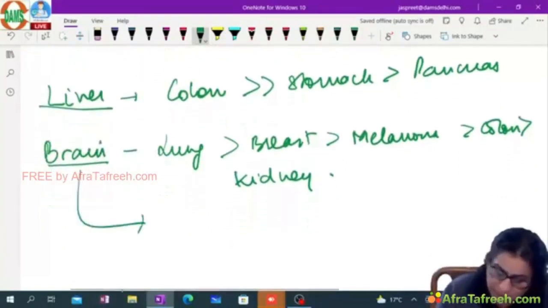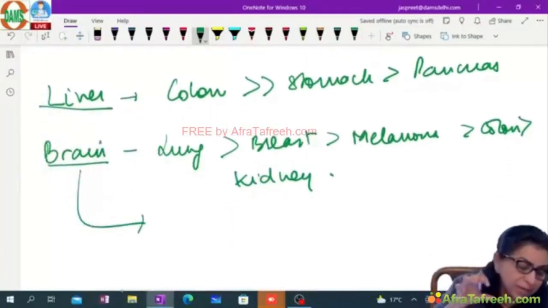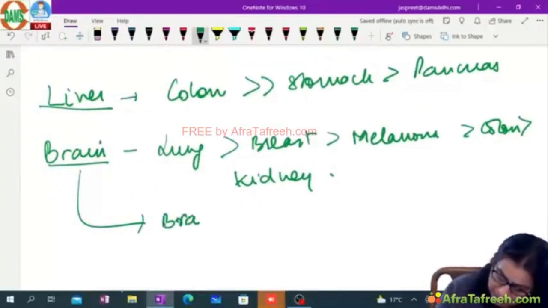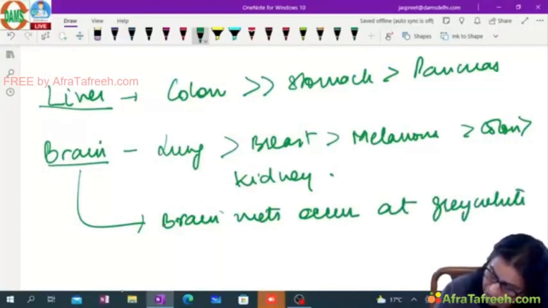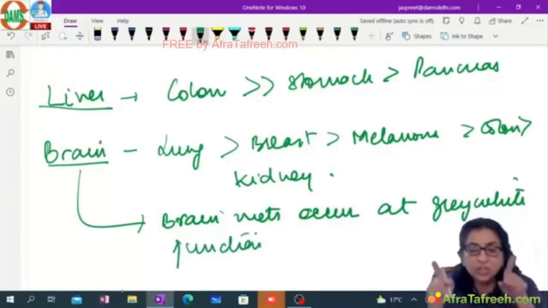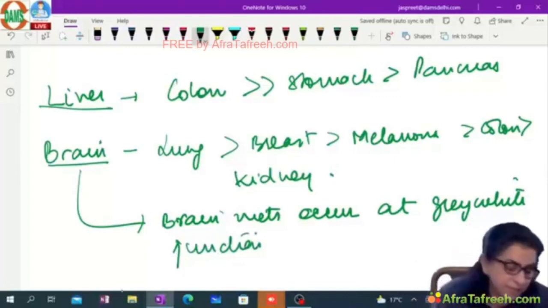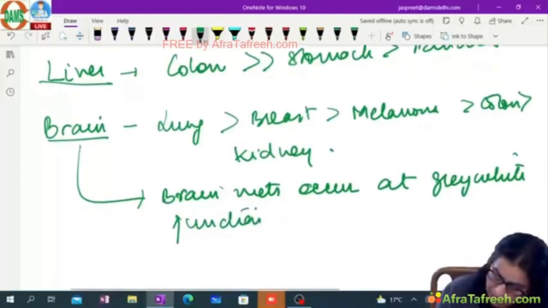And usually mets in the brain occur at the gray-white junction. So metastasis in the brain will occur at the junction of gray and white matter.